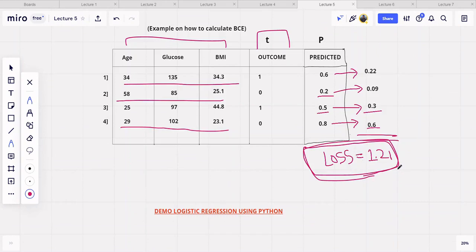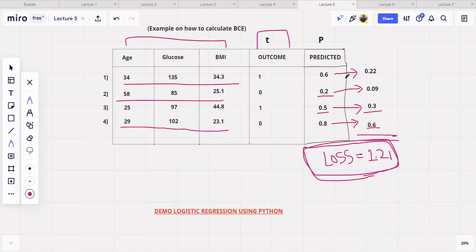Now 1.21 is still very good because it's still not that far from 0. The reason we got the loss this low is because our probability is pretty close to the accurate values.